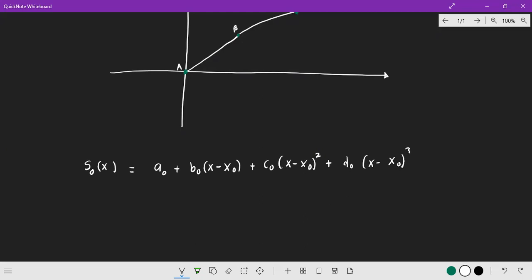So that's the spline describing S naught, from A to B.